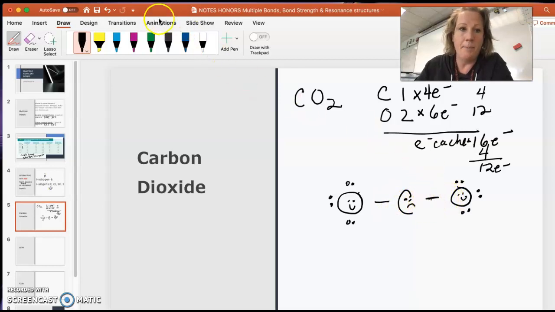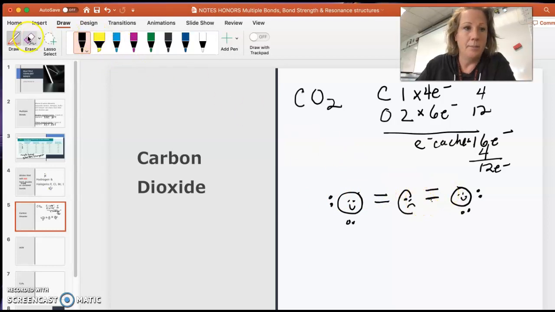So what'll happen is oxygen is going to be a nice friend and share some electrons with carbon. Right now carbon has 2, 4, 6, so he's still very unhappy. So we need to have the other oxygen share too.